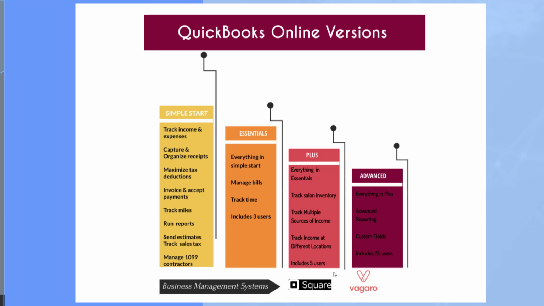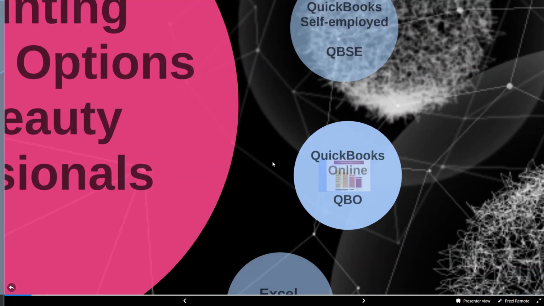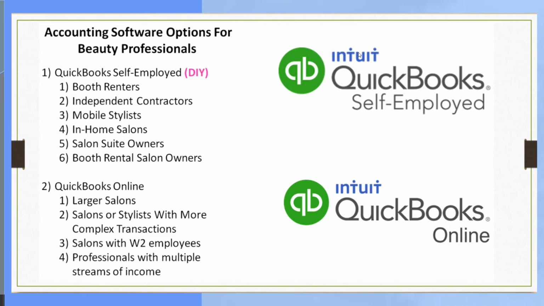So just to summarize, if you are a very simple business where you just want to make sure you're ready for tax time, and there is nothing complicated about your business, about the types of income that you have coming in or the types of transactions or expenses that you have going out, if it's just very simple, straightforward, no complication, you can get away with QuickBooks Self-Employed.